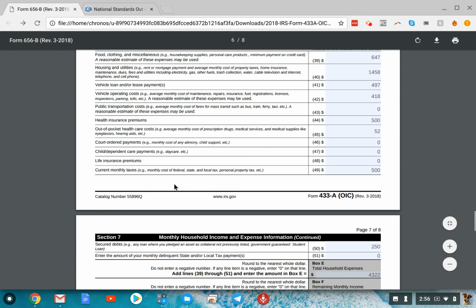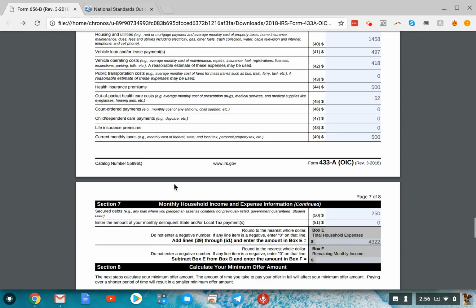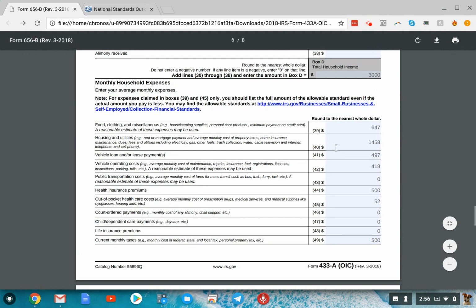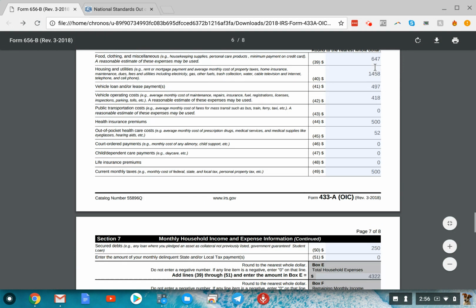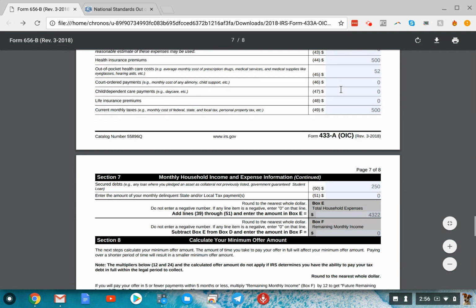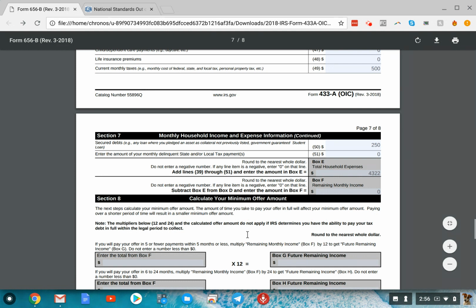The remaining monthly income, 3,000 minus 4,322 is 0. He's totally in the red. So that's what we try to do in most cases, is get it to a 0 point. And so say he made, just say 4,500. Let's redo this number. 4,500 minus 4,322. We'll do 178.